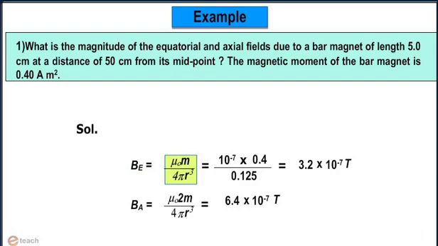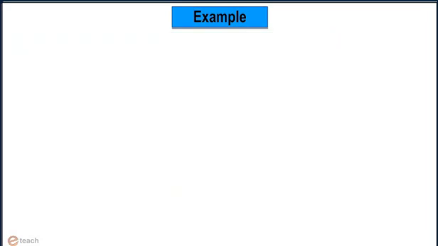So putting the values, we get the result as 3.2 times 10 to the power minus 7 Tesla. And B_A is equal to mu naught into 2m divided by 4 pi r cubed, which is equal to 6.4 times 10 to the power minus 7 Tesla.